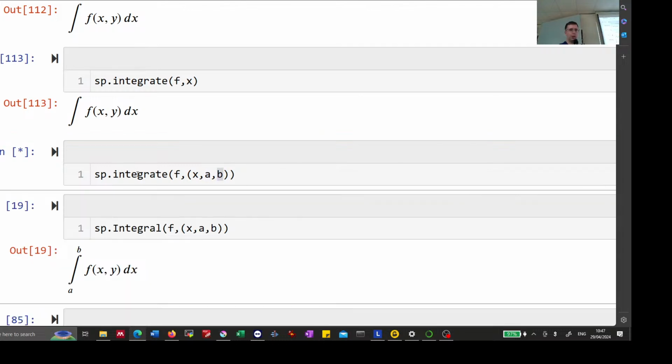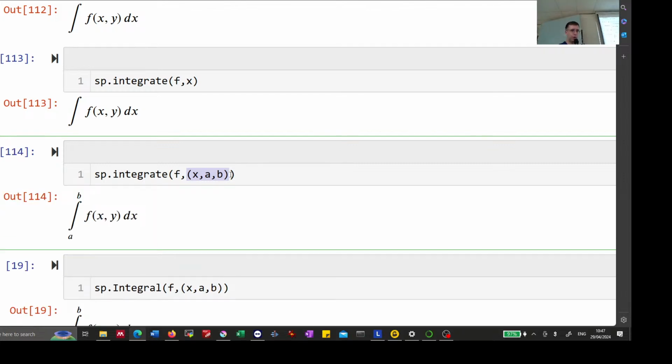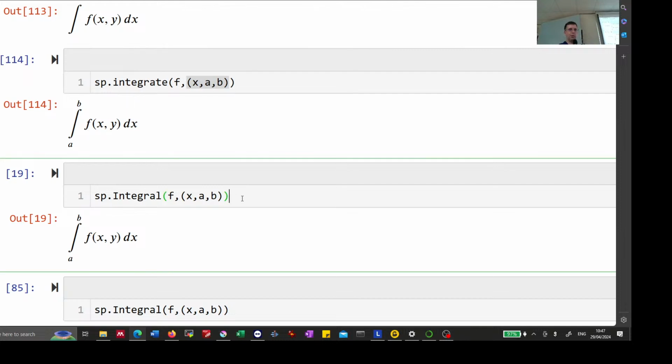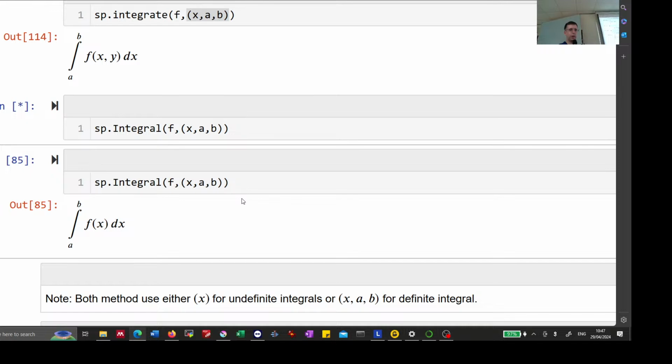When we execute this, right, integrate the function and then a tuple defining the variable, start with the integral boundary and stop with the integral boundary, we get an expression like this, and you find again a, b with the function and which variable you actually want to integrate it with. Again, it's the same as with integral because we have never specified what now f of x is.